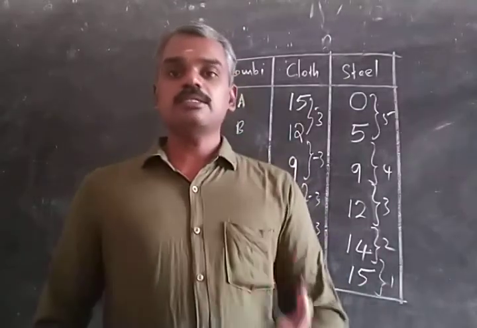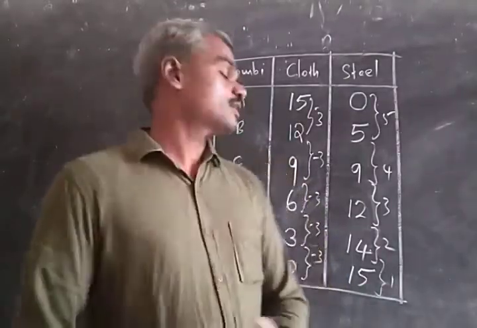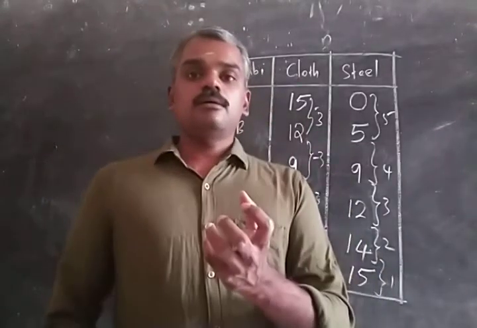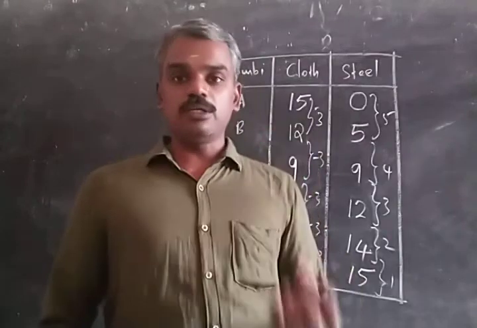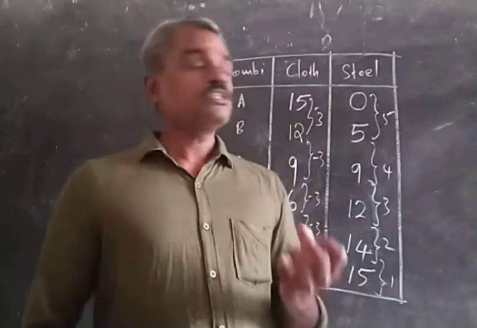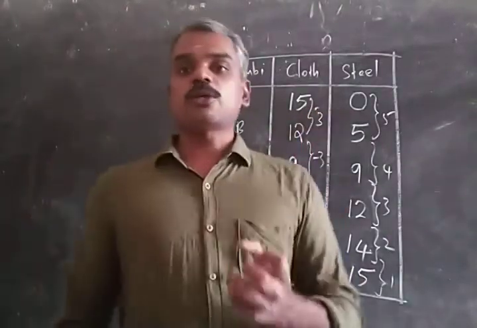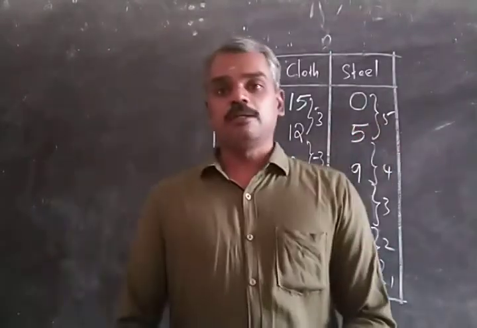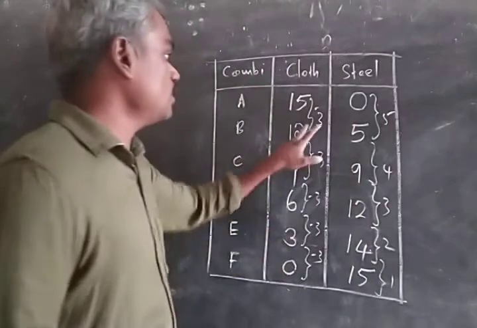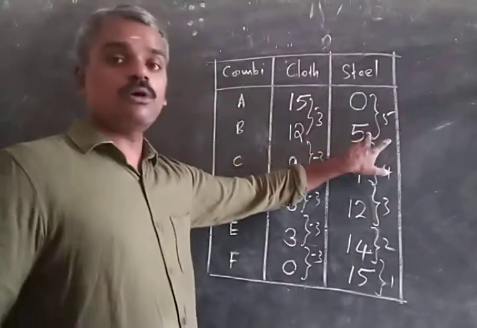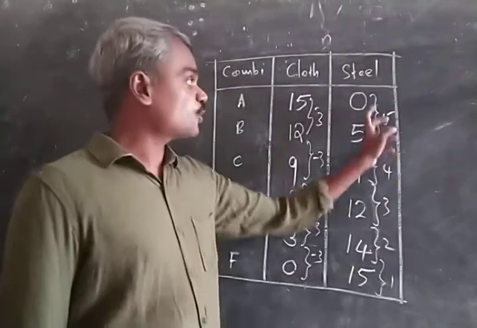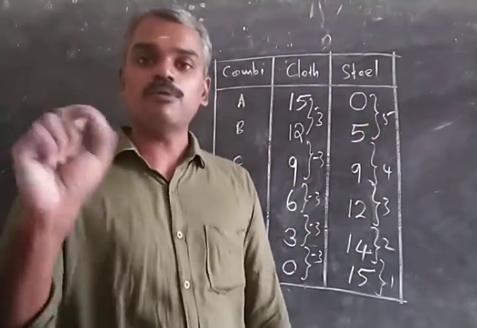So it will decide that such factors have to be diverted which are least suited for cloth or most suited for steel. Initially the resources so diverted are most suited for the production of steel, so the production of steel increases by 5 units.